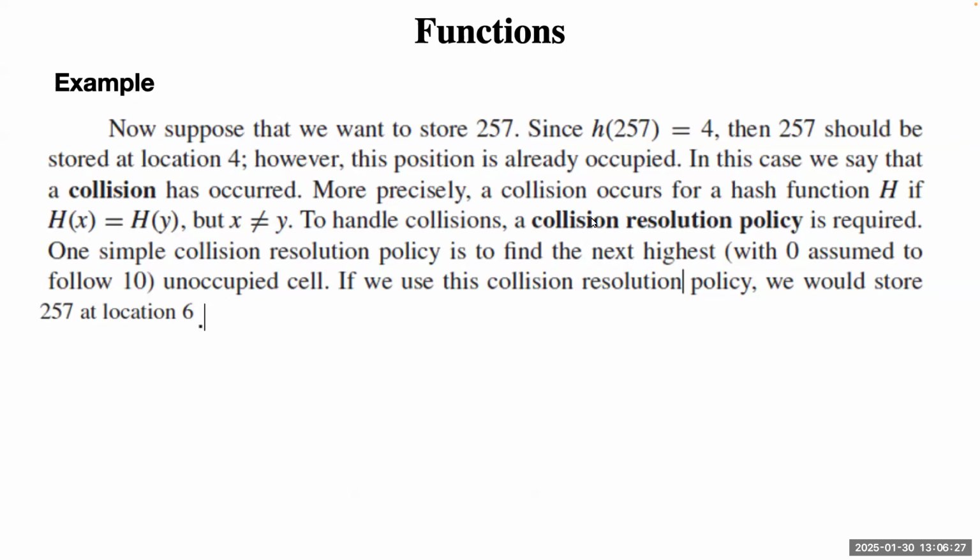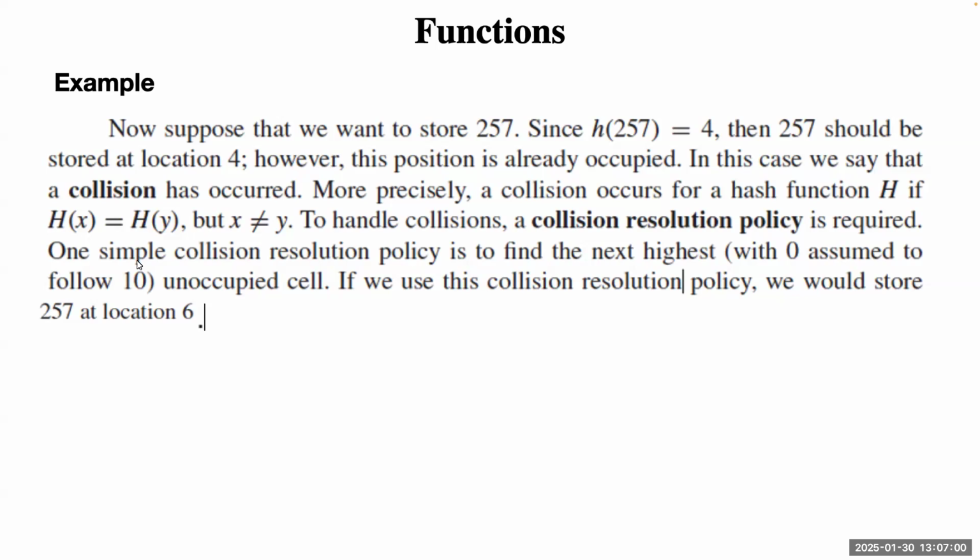So what do you do when a collision occurs? You're going to write 257 into index 4, but it already has a number. Well, you have to come up with a collision resolution policy. If we use our collision resolution policy, we store 257 at location 6, with indexes 0 through 10.